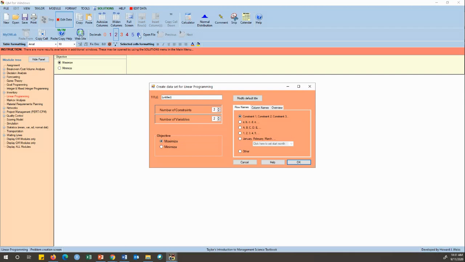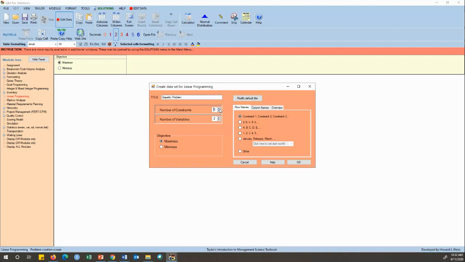We can start by getting the title first. I just put Giappetto problems. Now over here, it is a well-defined template already, so you can just put in your number of constraints. In our case, you have three constraints. What about the number of variables?